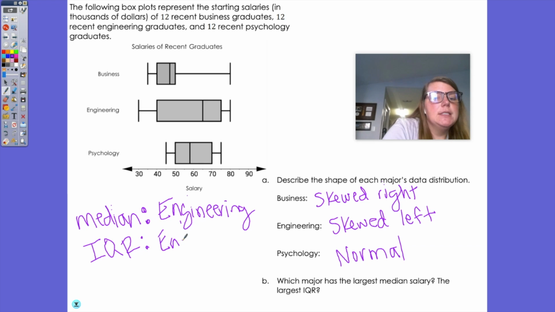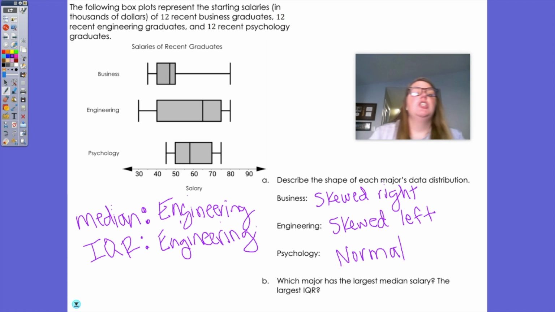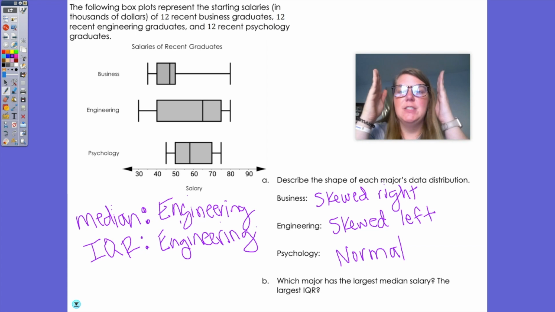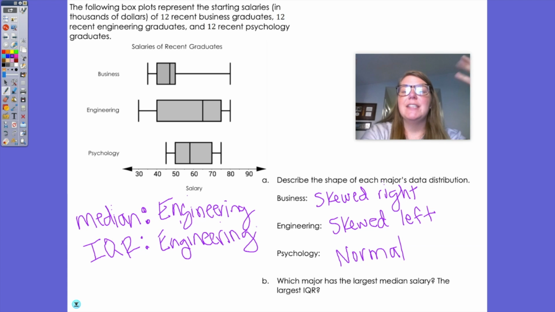And what that means, if we were talking about should you be an engineer, how much money will you make? That just means for engineering, there's a lot of different salaries you could be making. It's not going to be like a guaranteed amount. Now, if you're talking about business, that box is smaller, so you have a better chance of making the salary that's within that box. And engineering is a little bit more unpredictable, I guess is what we could say there.